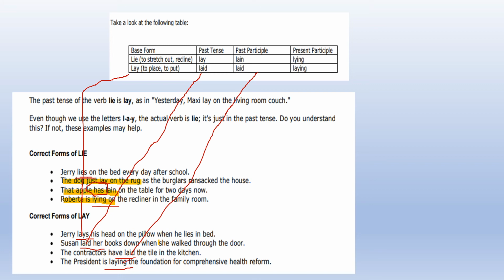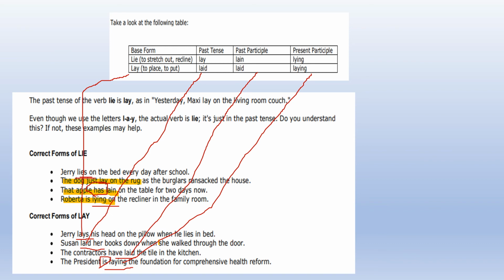So laying is the present participle of the verb lay, is laying. So we are using the helping verb is, because he is doing that thing, he is performing that thing. I hope with this it's quite easy for you to understand how we use the basic form of the verbs lie and lay in past tense, past participle and present participle.